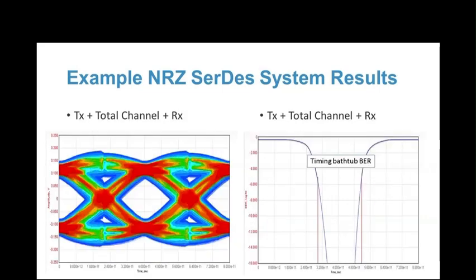And here we have the combined transmitter, total channel, and receiver, and the high density diagram on the left, and it opens the eye very well. On the right, there's the transmitter and total channel and receiver timing bathtub BER plot.